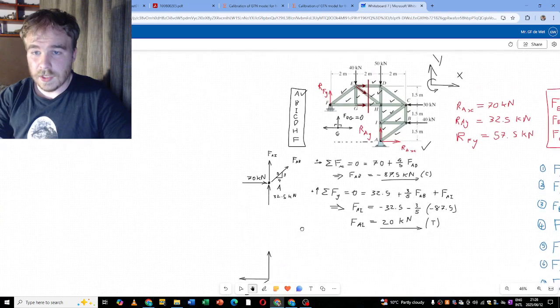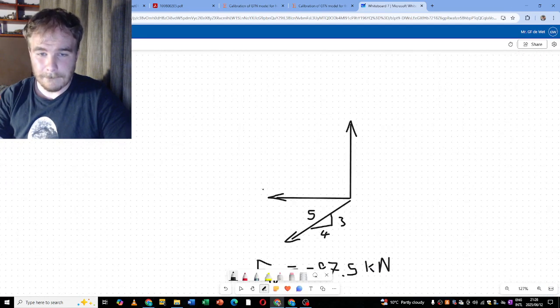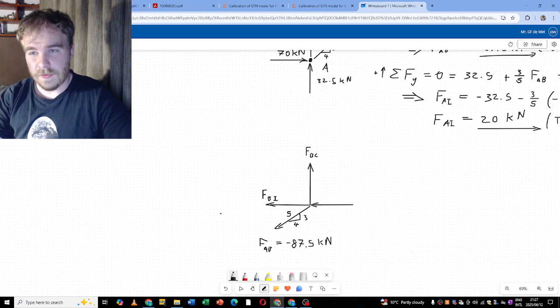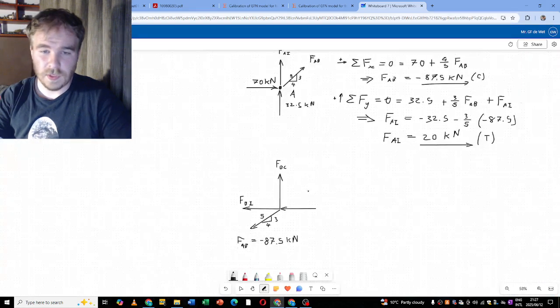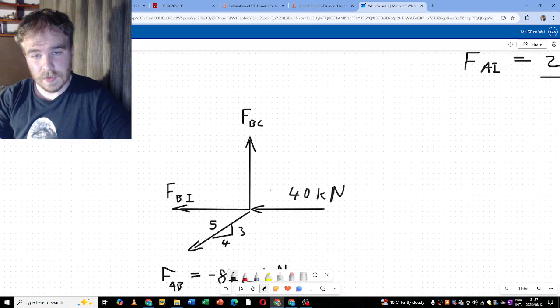Okay, let's quickly check. This is BI and then BC. FBI, and then this is FBC, and I think we also have another force over here. I just have to check its value, but I think it is 30 kilo, no, it's 40 kilonewtons. Okay, great.